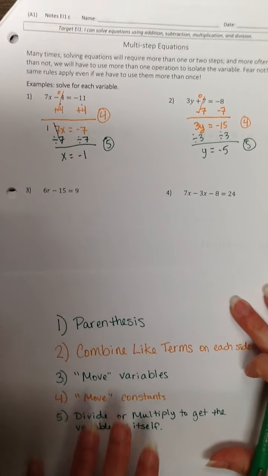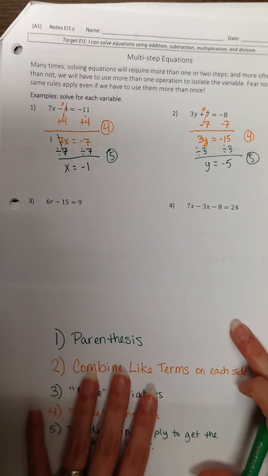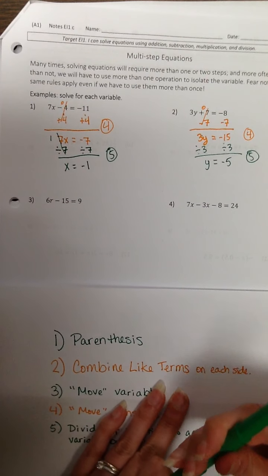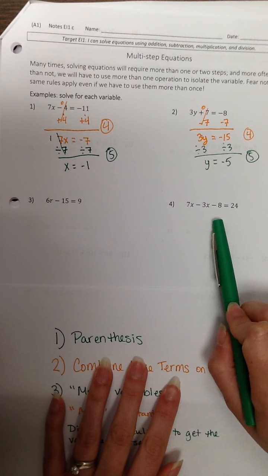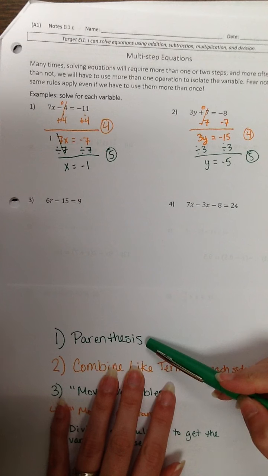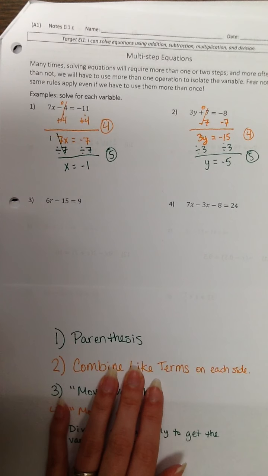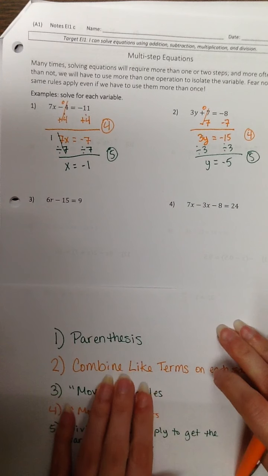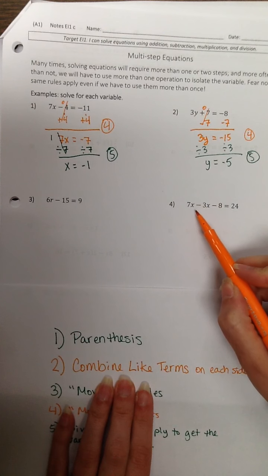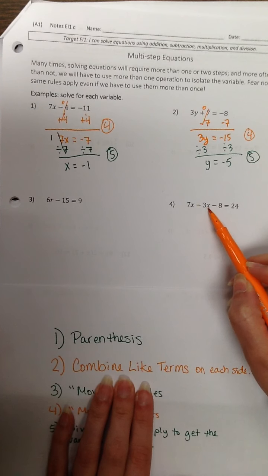So let's go ahead and practice some more of these steps than just 4 and 5. Let's go ahead and look at number 4. Again, I don't have any parentheses, so I can skip step 1. But let's go ahead and look at step 2. This time here I have an x and an x here.